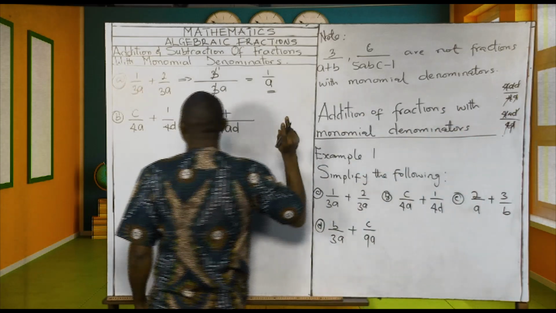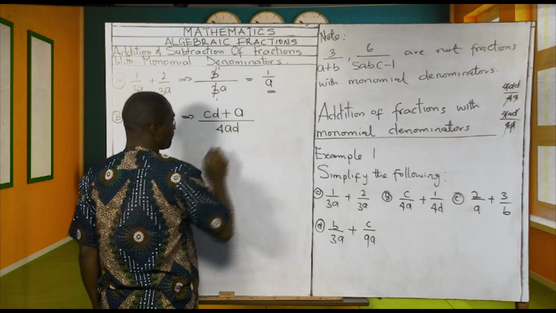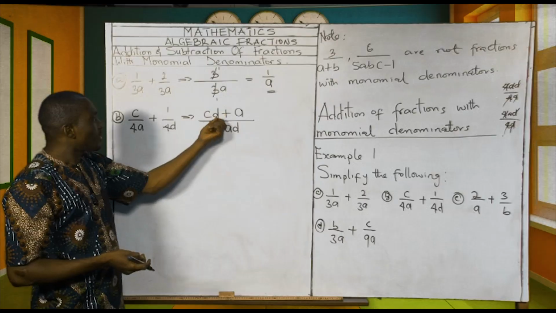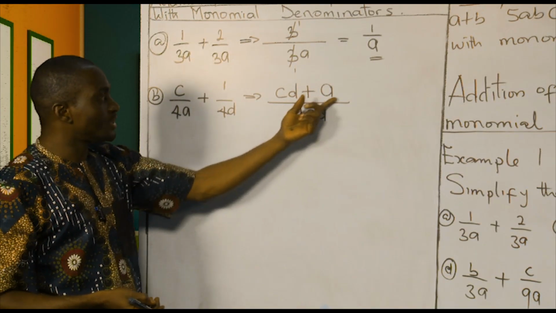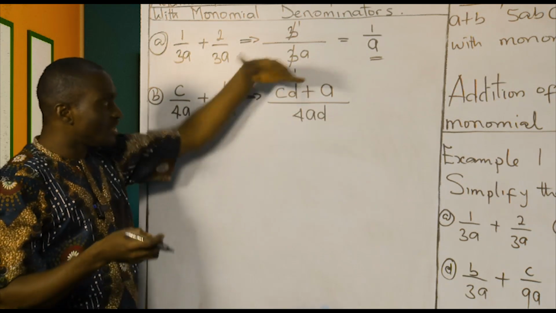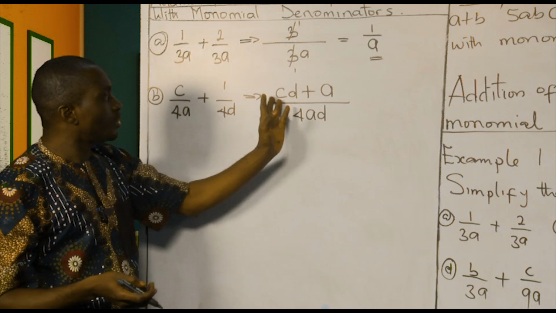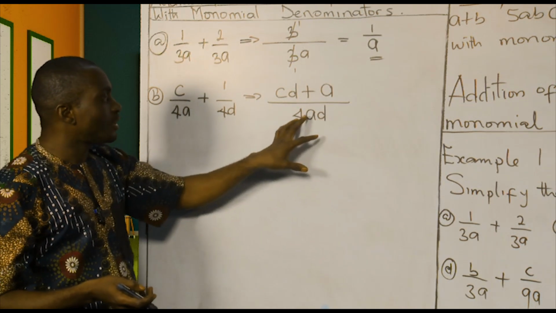So a multiplied by this one will give you a. Can we add? We cannot find the sum of cd plus a. cd plus a is still cd plus a. So our answer is finally cd plus a over 4ad.